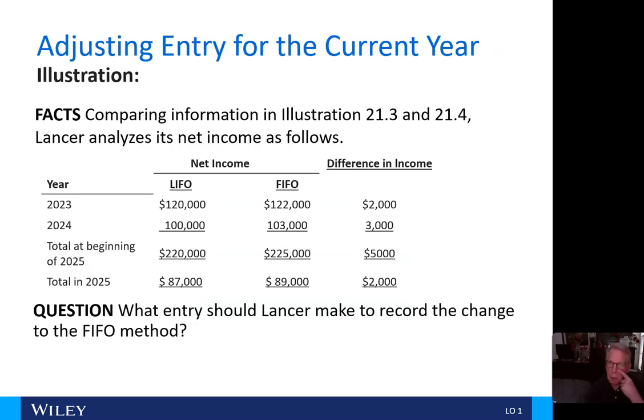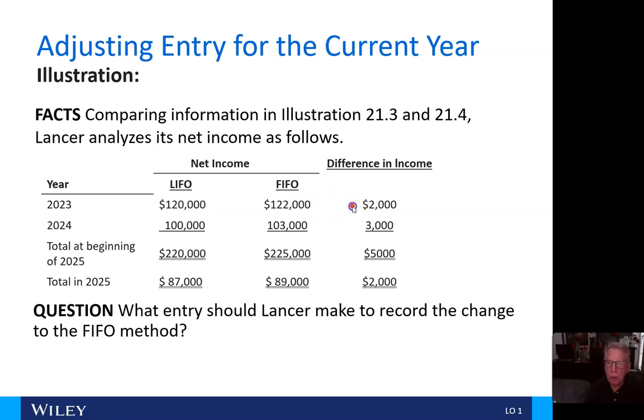Okay, so the adjusting entry for the current year then. In comparing the information on those prior illustrations, Lancer analyzes its net income as follows. Here's the 2023 net income under LIFO, less than FIFO.